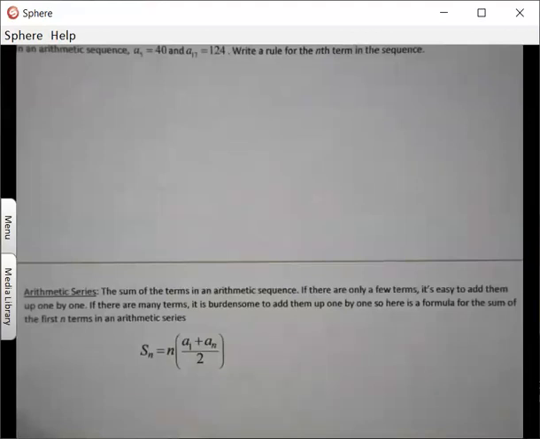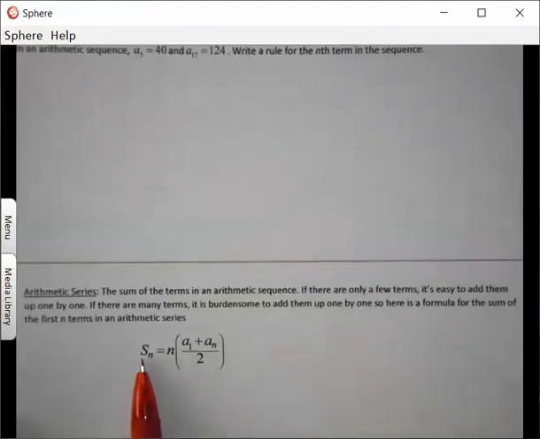Now, if there's only a few terms, it's easy enough to just add them. But if there's a lot of terms, it's a lot more difficult, or it'll get very tedious. So we have a formula that makes it a little easier.